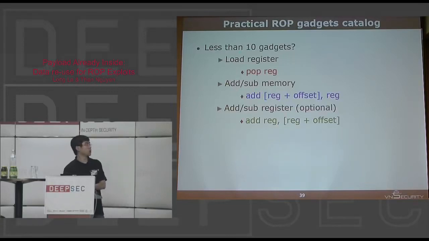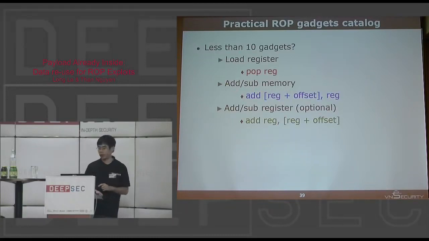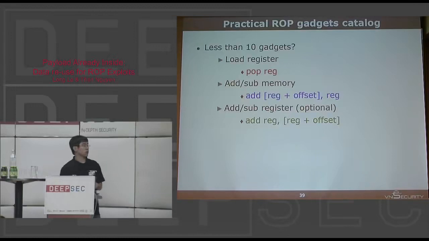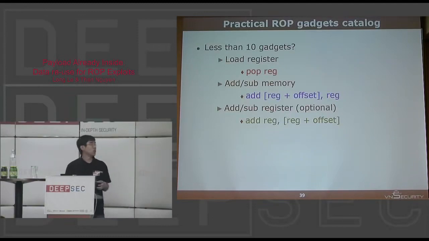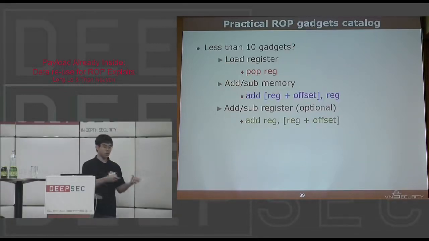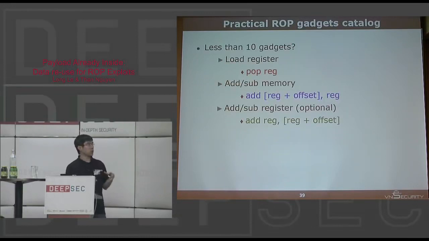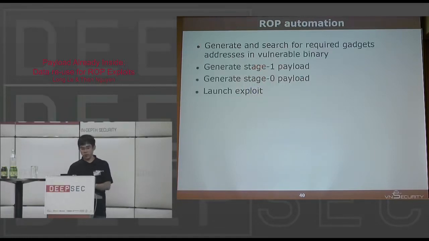Basically we only need a few ROP gadgets, because you cannot really expect to have a lot of different things where you can do arbitrary computation in the real world, since it's very dependent on the specific target. So we are trying to minimize the number of ROP gadgets, just enough to do the stage 0.